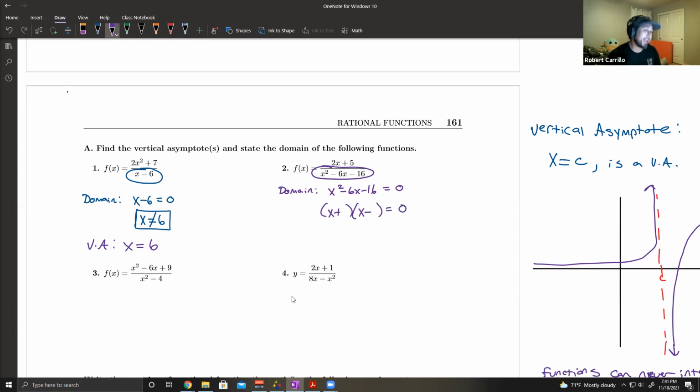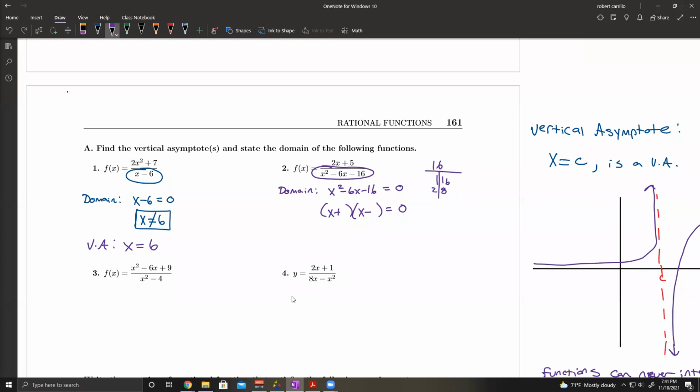What are 2 factors of 16 that can make 6? 8 and 2. Who's going to be positive? Who's going to be negative? Sorry, it was backwards.